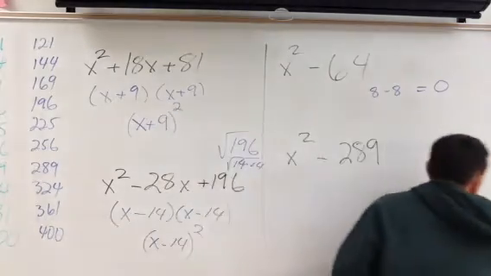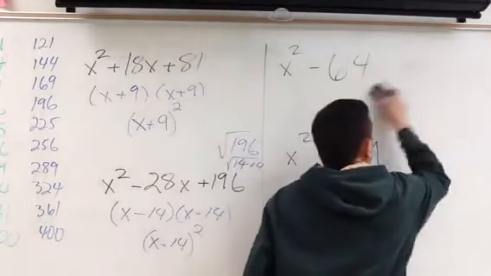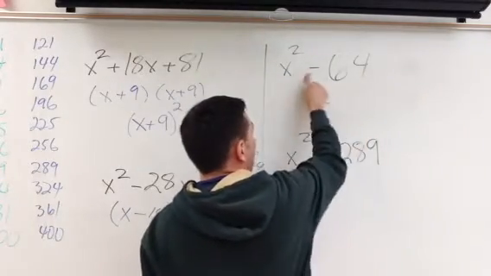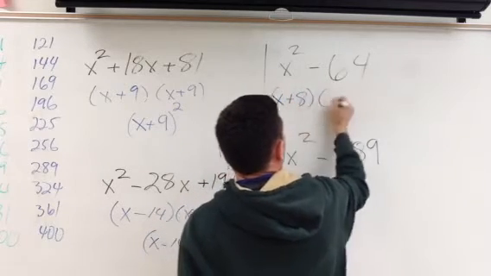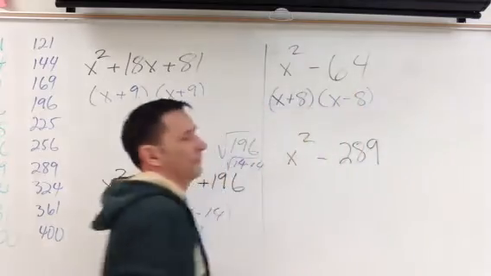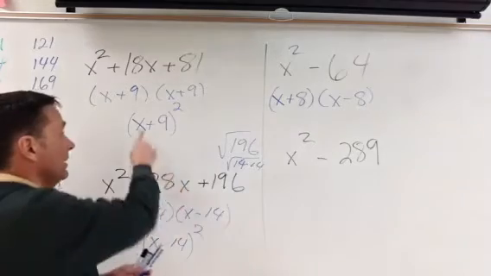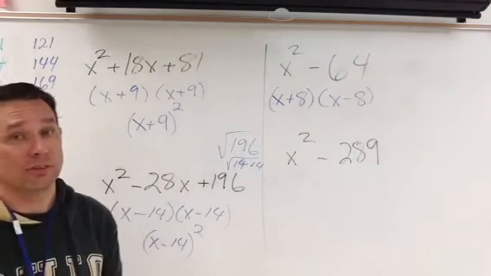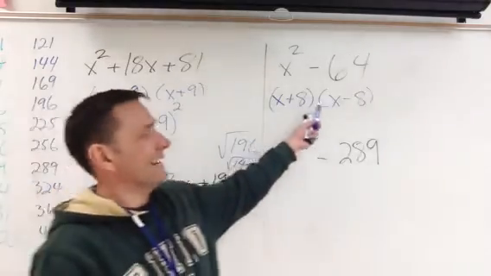So this is how we would factor something without a middle term, and this being minus. x plus 8 and x minus 8. One's positive, one's negative. We cannot combine them like we did here because they're not identical. A great word for these is conjugates.